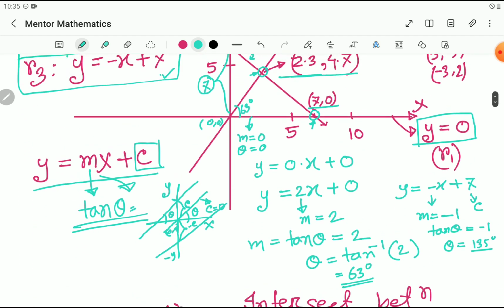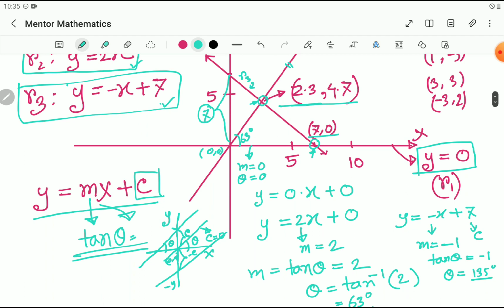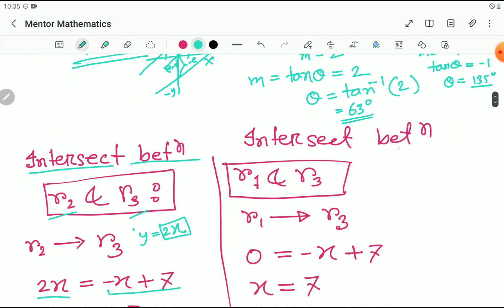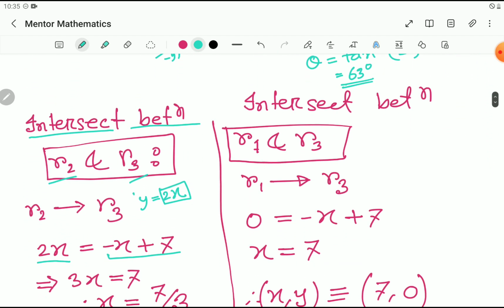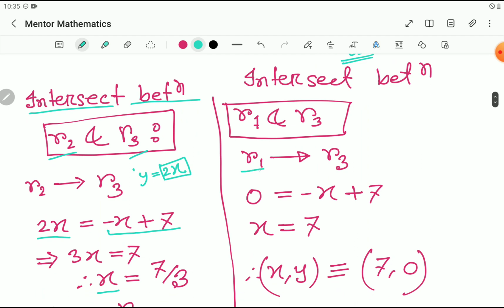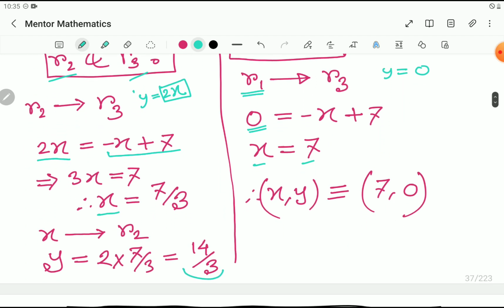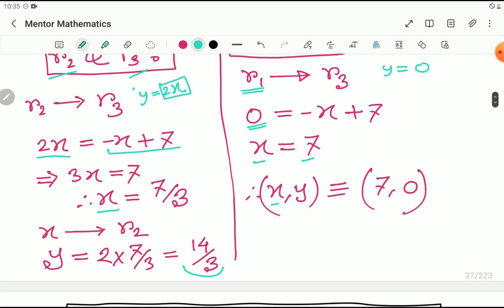Now we have to find out the intersect point between R1 and R3. Okay, so we can simply calculate: for R1, we know y equal to 0, so we can put the value 0 here. Then we find x equal to 7. Then when x is 0, y is 7.